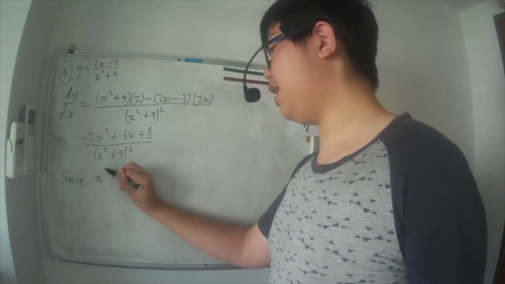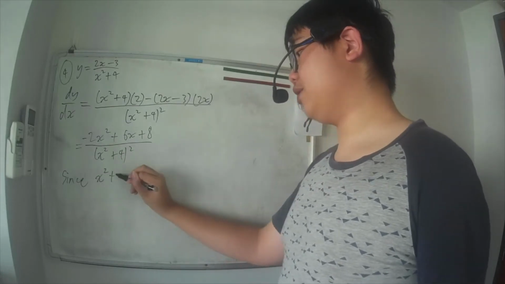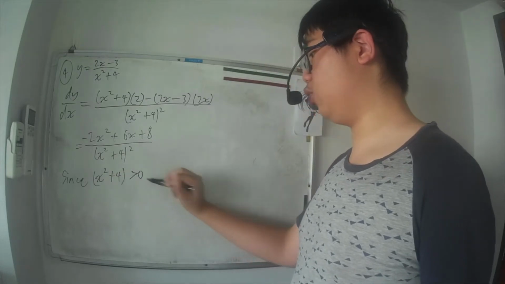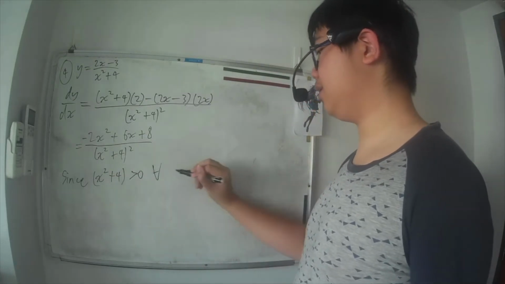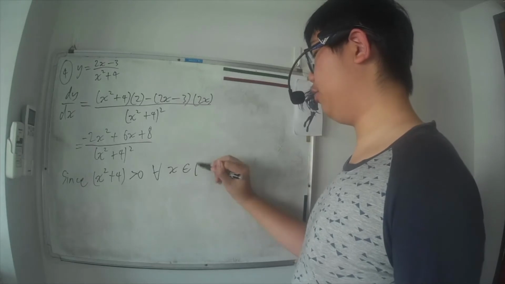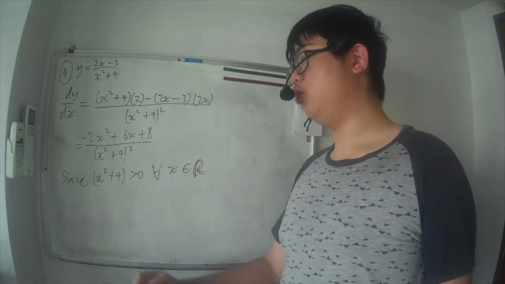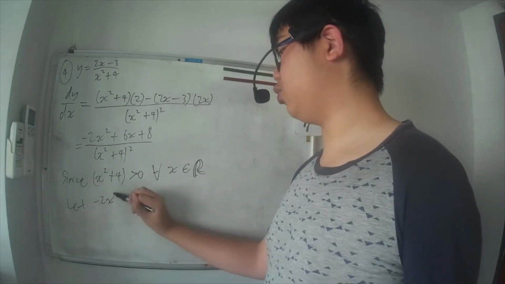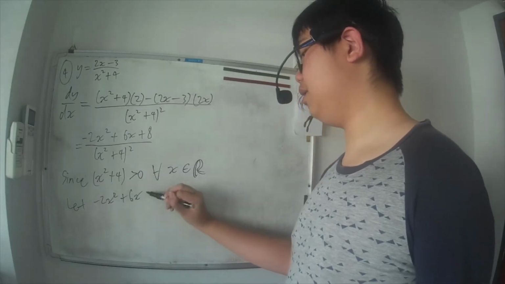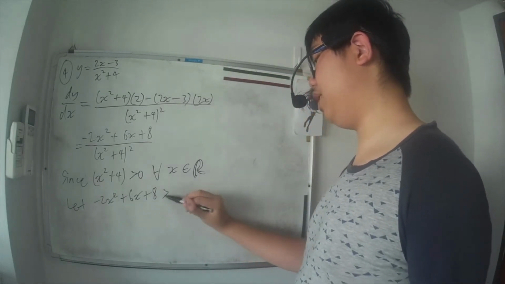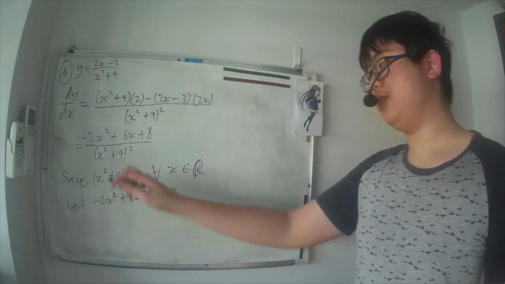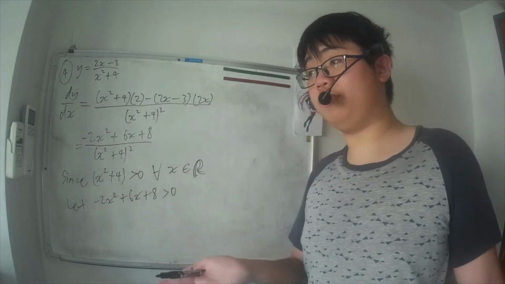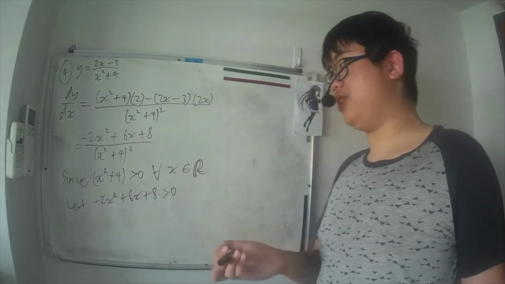Since x squared plus 4 is more than 0 for all x in the set of real numbers, we let minus 2x squared plus 6x plus 8 be more than 0. Because if this is always more than 0, then this has to be more than 0 for it to be an increasing function. Otherwise, it becomes a decreasing function.